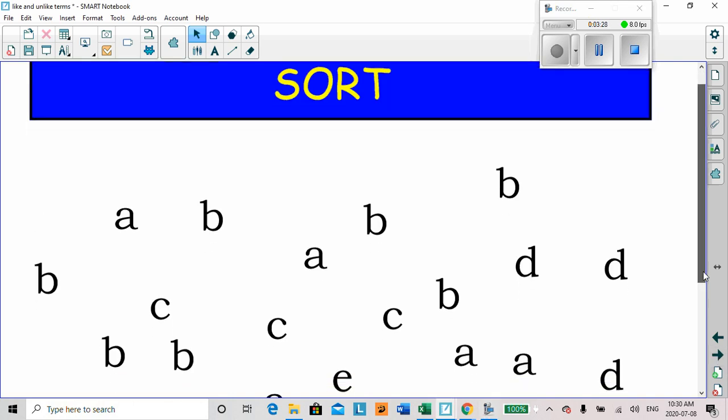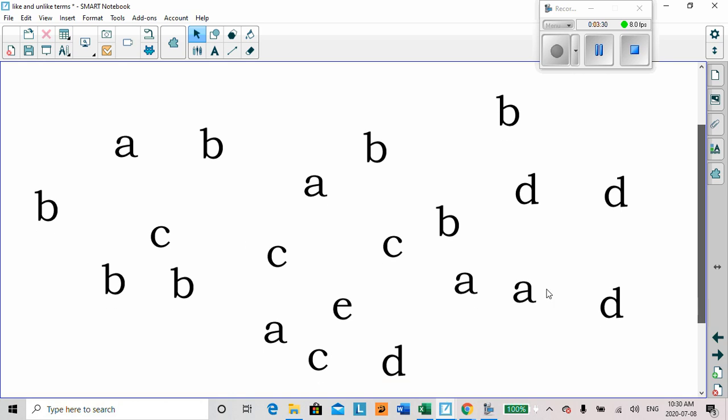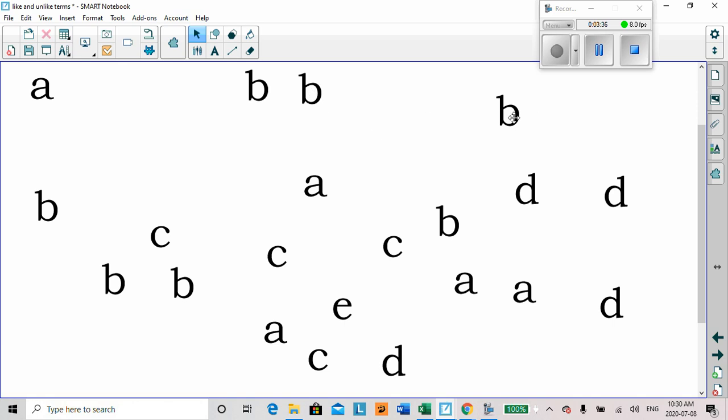We can also sort letters. So I can put all of my A's together and all of my B's together and my C's, my D's, and my E's.